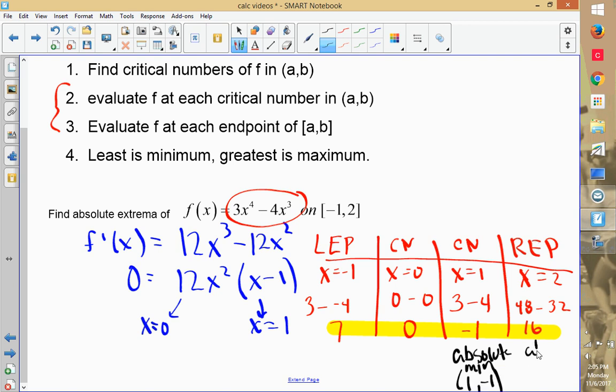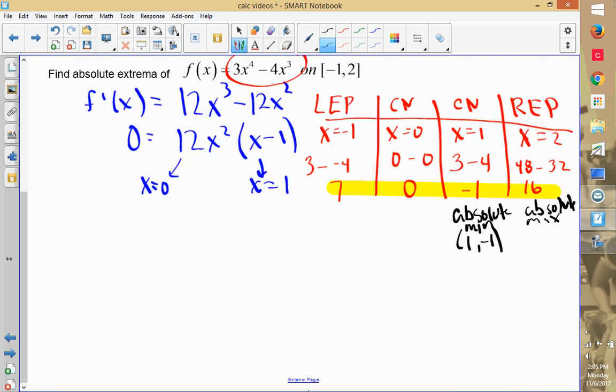And we have an absolute max, let's extend this, at the point 2, 16. So in this case, we are getting a min from a critical number and a max from an endpoint, which can happen. So there's your process of finding absolute extrema.